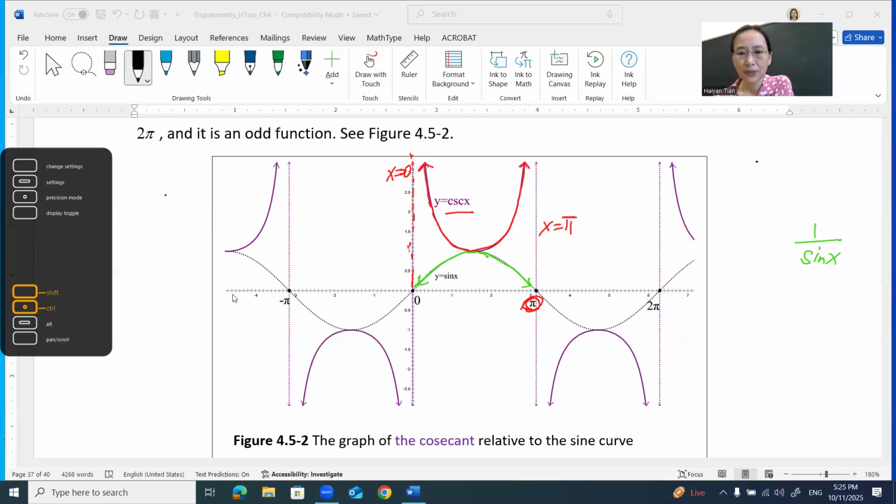Similarly, we can see at -1, the cosecant function is also -1, but when the sine function is negative, becoming approaching 0, the reciprocal is also negative and becoming more and more negative.